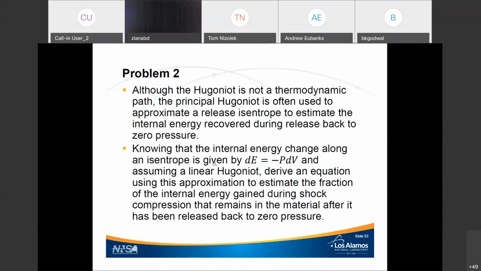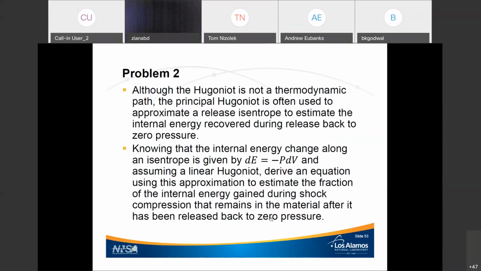If you take this knowledge and you assume a linear Hugoniot, derive an equation using this approximation to estimate the fraction of the internal energy gained during shock compression that remains in the material after it's been released back to zero pressure.